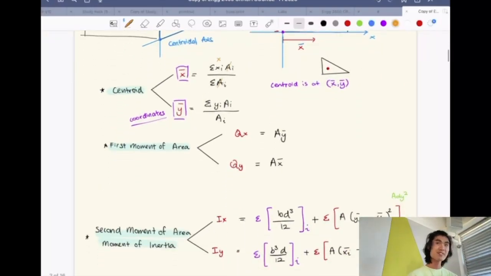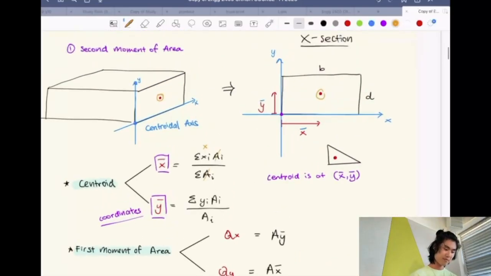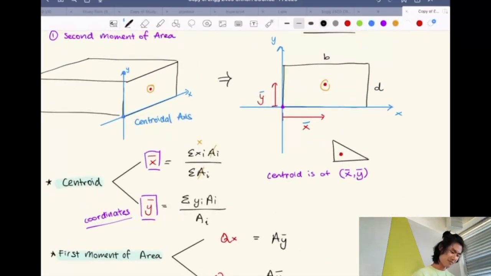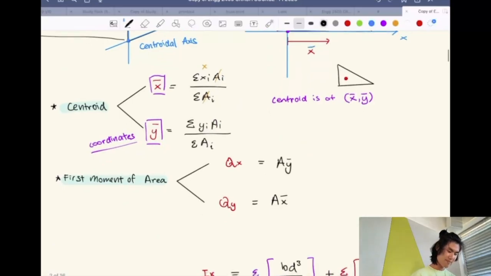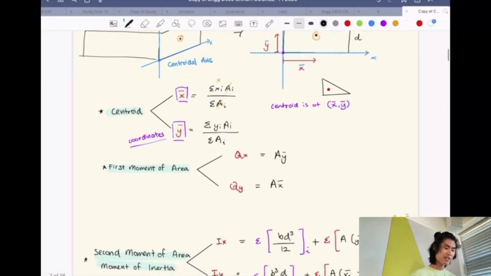Some area on the bottom of the y. Yes, there is. First moment of area is pretty much the second step into moment of inertia. We don't really use this much in the course. It's more of a fundamental understanding.